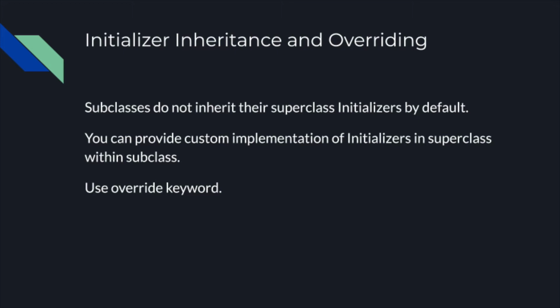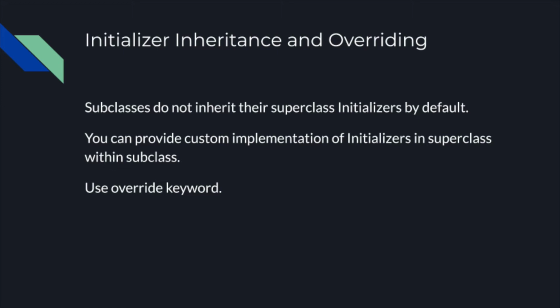When you write a subclass initializer that matches a superclass designated initializer, you are effectively providing an override of that designated initializer. Therefore, you must write the override modifier before the subclass's initializer definition.